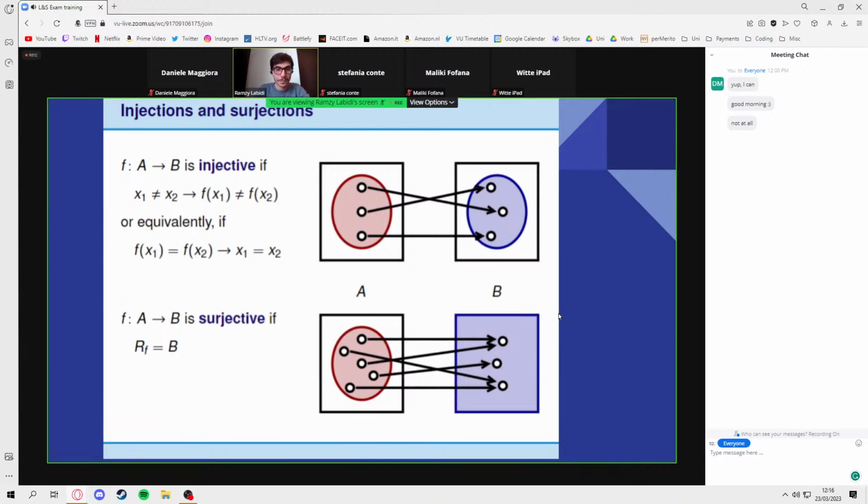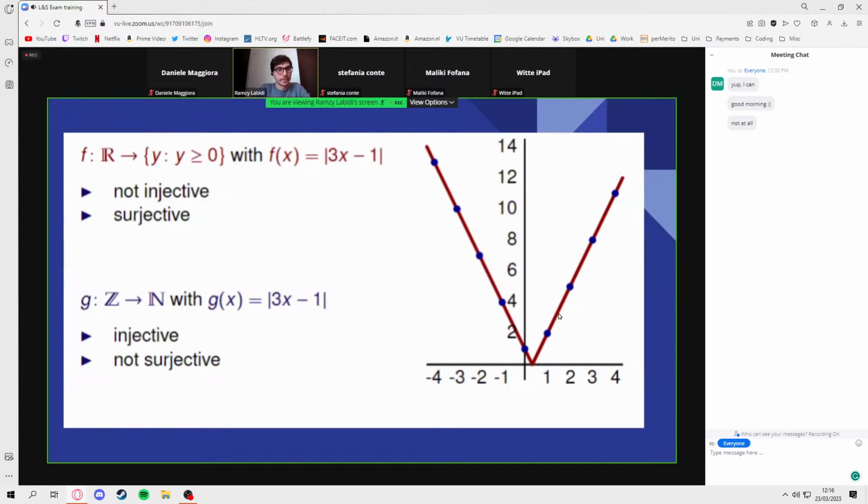Surjection. Yes, so for example, if you take R as any y bigger or equal to 0, with f of x being the absolute value of 3x minus 1. Since it's absolute, it won't be negative, and we know y is going to be bigger than or equal to 0.